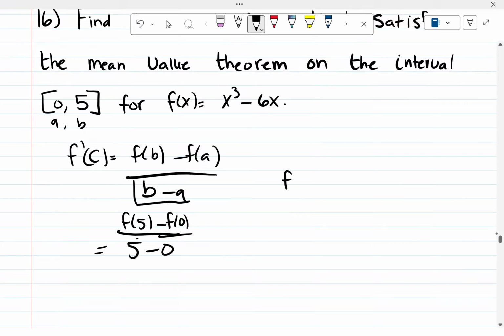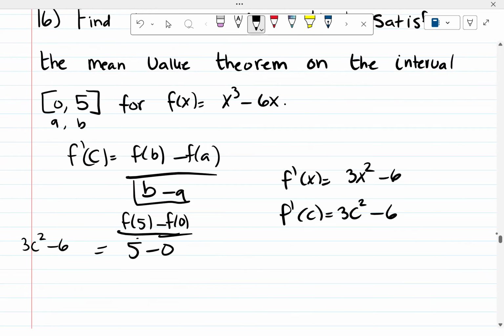So let's find f prime of x. It's going to be 3x squared minus 6. And then f prime of c is 3c squared minus 6. So what is f of 5?